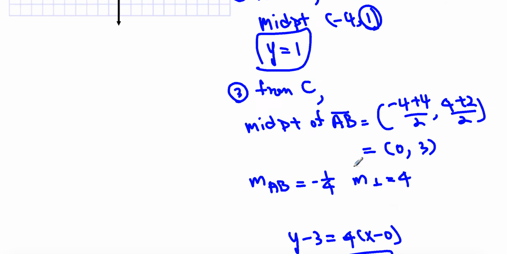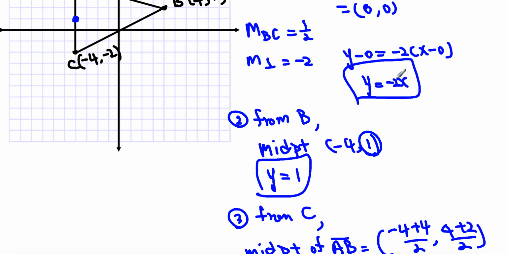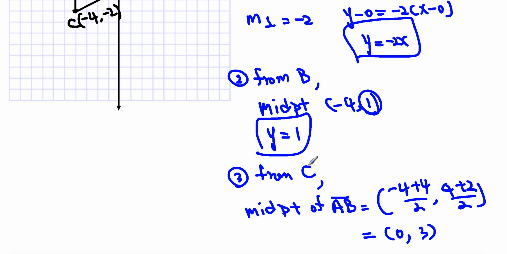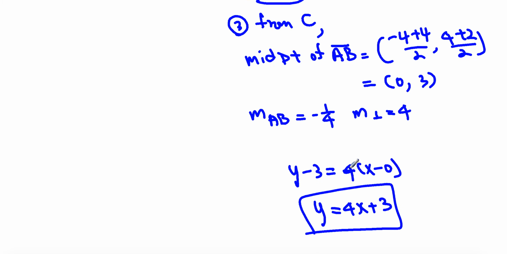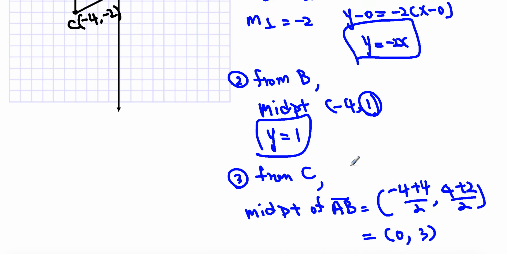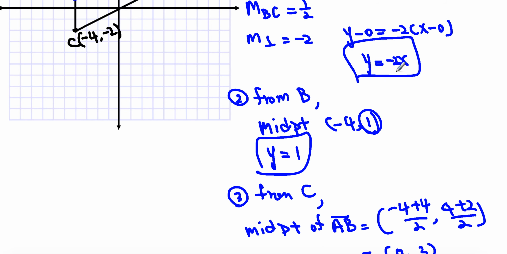Since we have 3 equations here, first, second, and then third, let us try to find the intersection of them. So with the first one here, since y equals 1, this one will tell you 1 equals negative 2x.